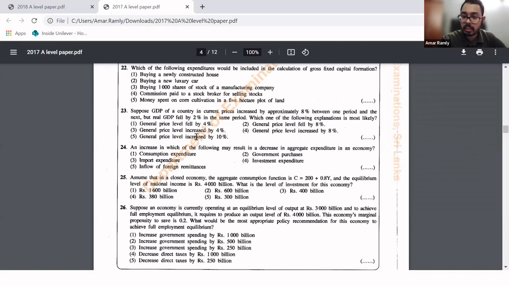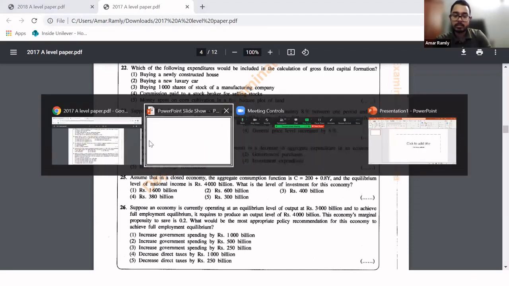So essentially, what you have to realize, guys, is that something like this has happened. Nominal GDP has maybe gone up from 100 to 108.